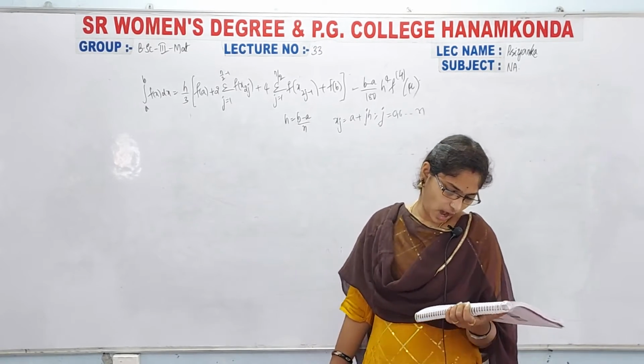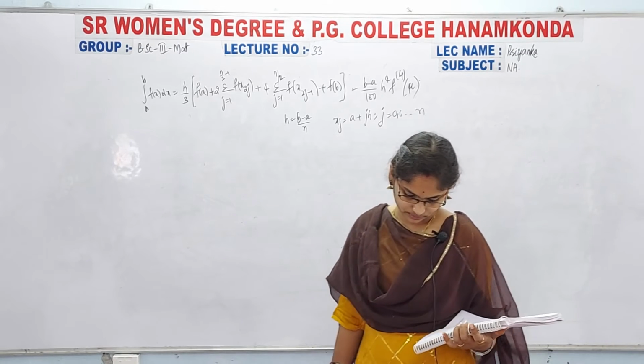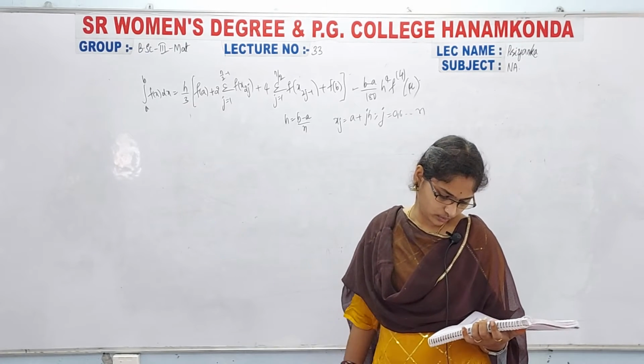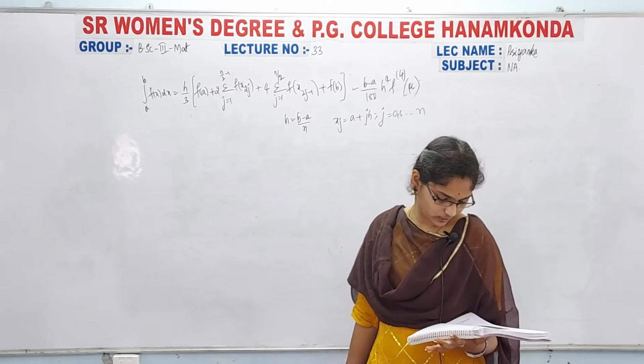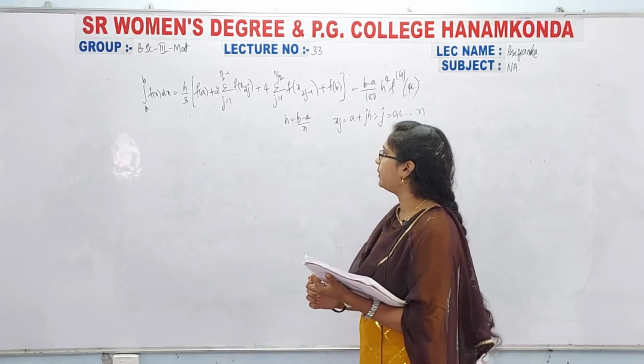Next, put a side heading: composite trapezoidal rule. Right.